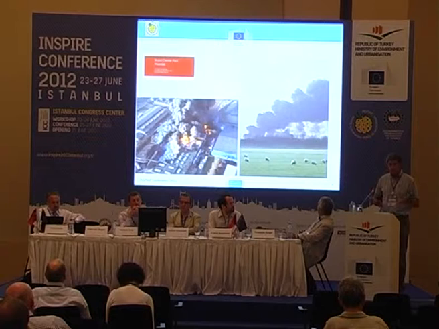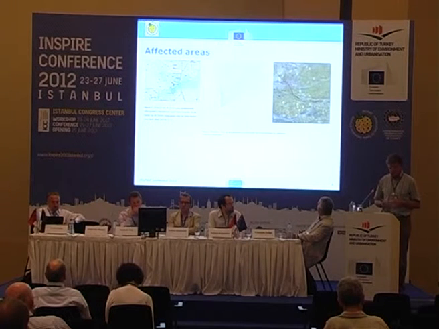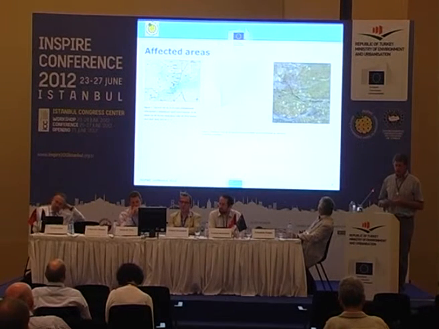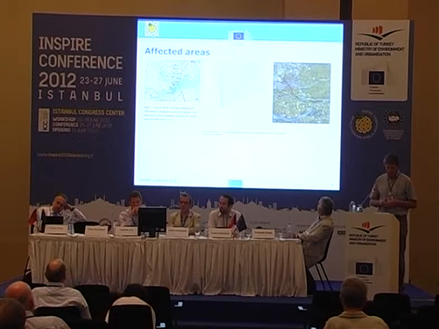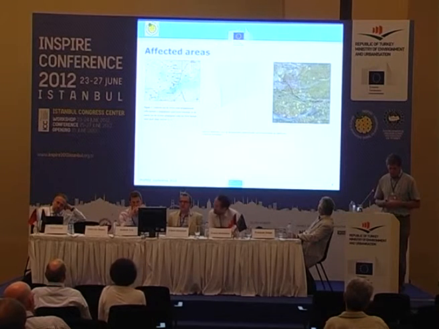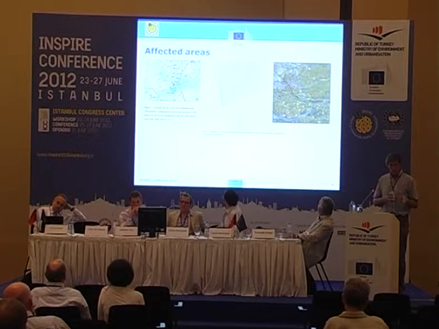So a big smoke and a lot of pollution, and unknown at the beginning what the pollution was and what measurements had to be taken. The fire lasted for more than a day before it was extinguished. So a lot of pollution and people didn't know what to do.